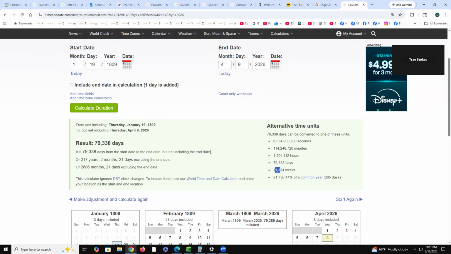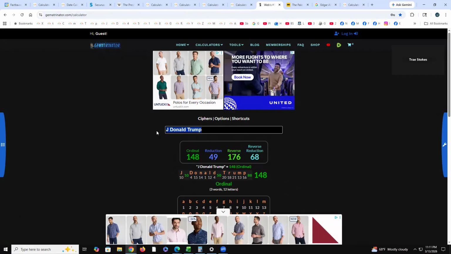79,338. There's your 33. You got your 38. You got your 79. 79 is murder. 38 is murder. 38 is also death. It's death in the simple, and it's 38. 38 is murder in reverse reduction. Death, 38 in ordinal.